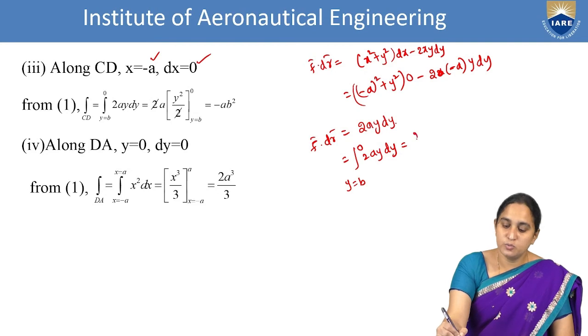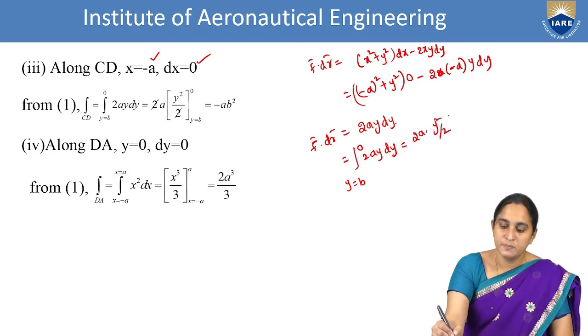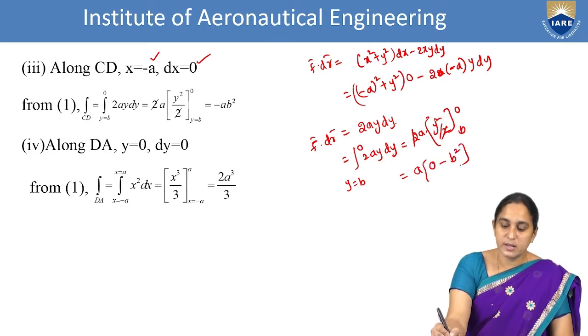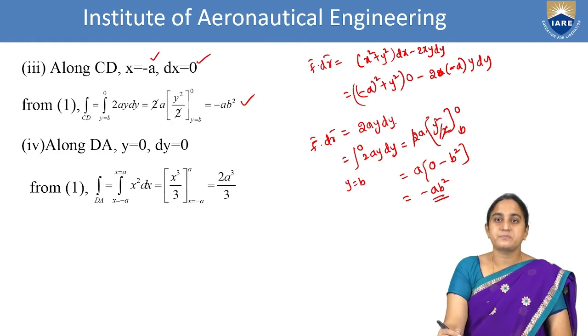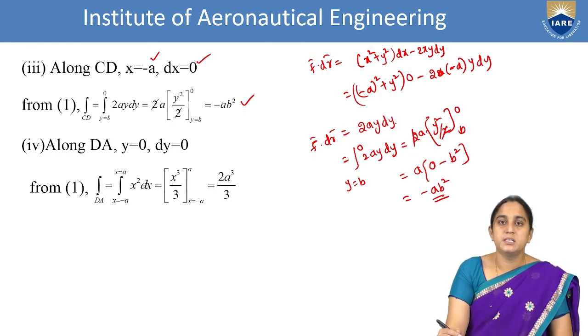That is 2a into y square by 2, with limit points b to 0. The 2 cancels: a into (0 minus b square). That is minus a b square. That is along CD: minus a b square.